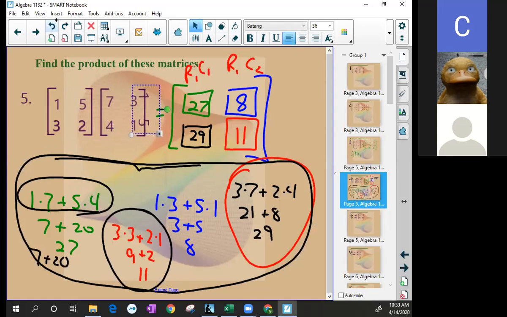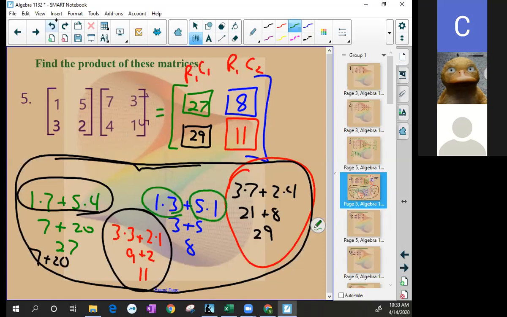And so that's where we got the 1 times 3 and the 5 times 1. I do part of the work in my head by taking that row, flipping it over, and in my mind's eye, sliding it over next to the column and going, okay, 3 times 7, 4 times 2, which is 21 plus 8, which makes 29.